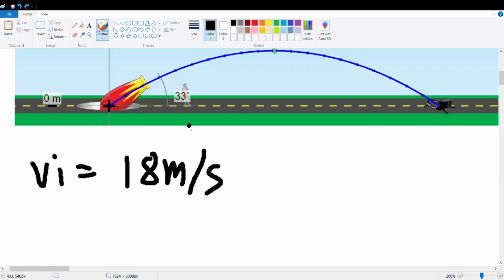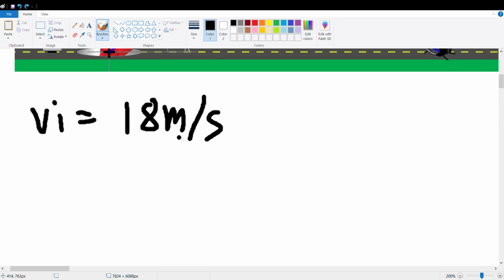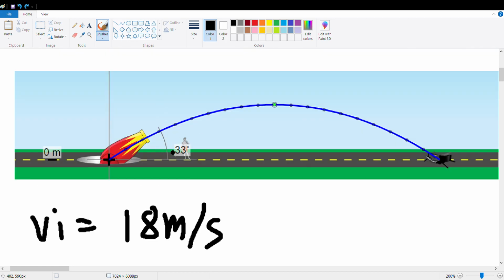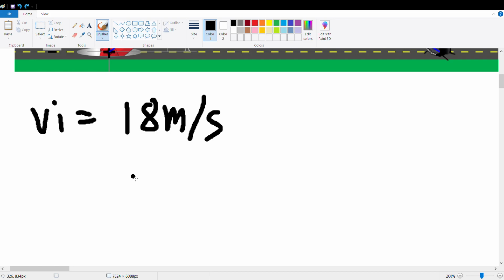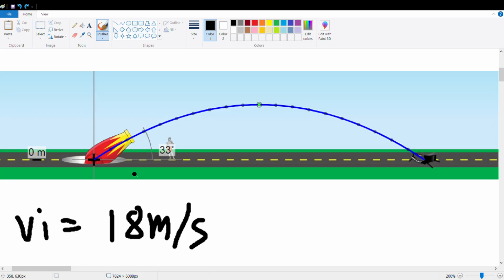Firstly, we have to deal with the degree here because it changes the value. So first, we have to solve for Vix and Viy. How are we supposed to do that?